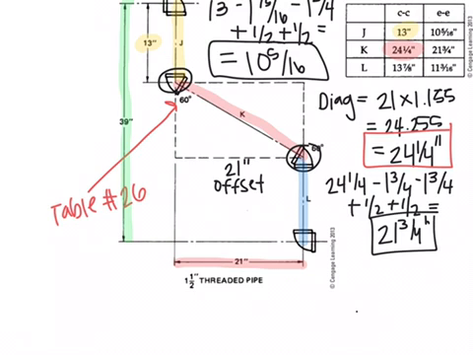So to get to L, we've got to take our 39 inches, subtract off 13 inches, and also subtract off this length right here. Whatever's left will tell us the center to center of pipe L.